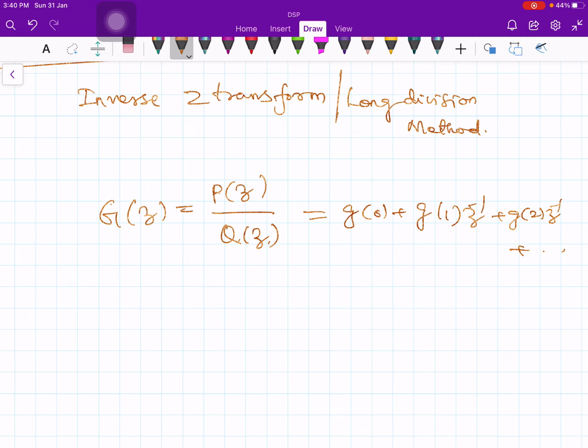Okay, so that is the only problem. But we will take this also to illustrate the fact that the ROC is an extremely important attribute of the Z transform. In this long division method also, this ROC is very important.